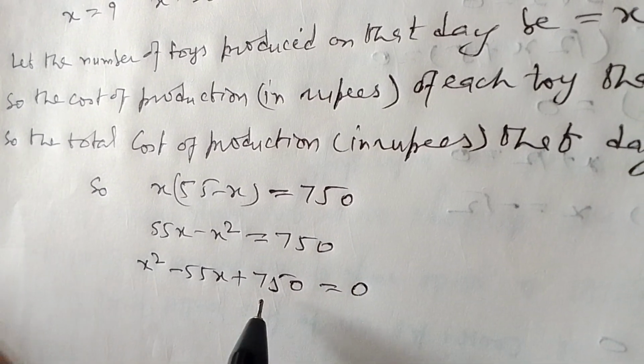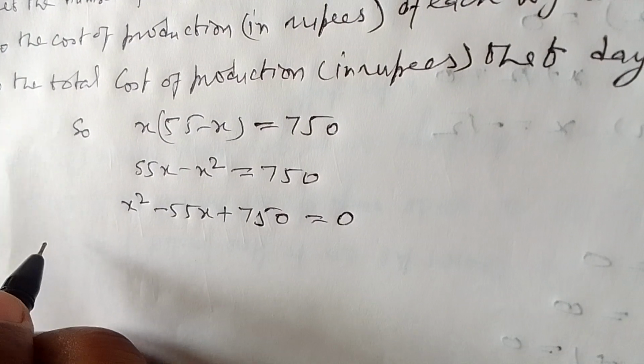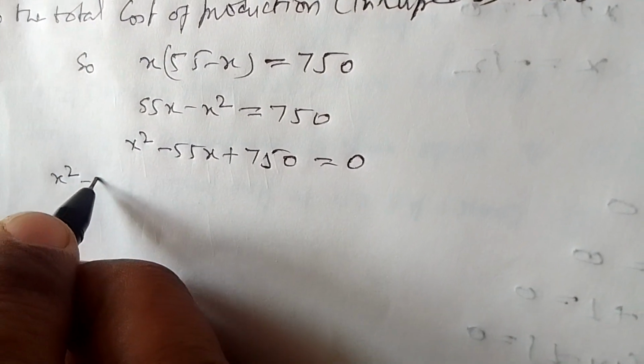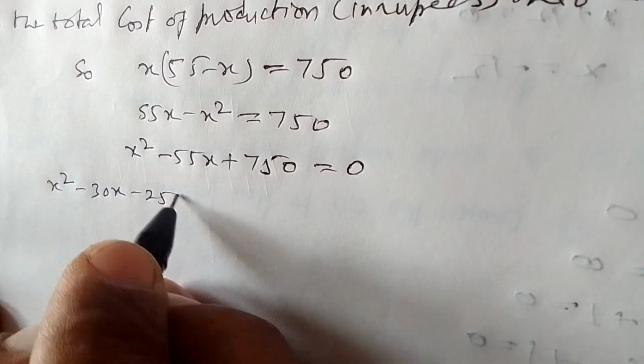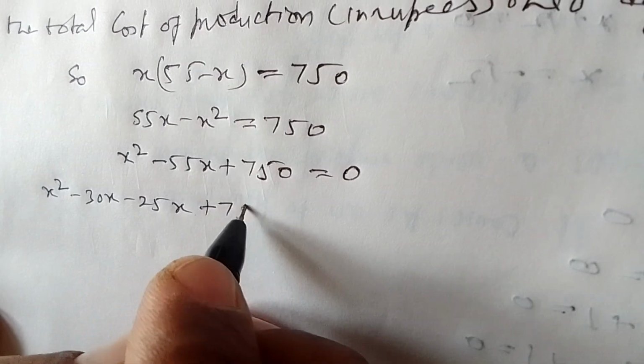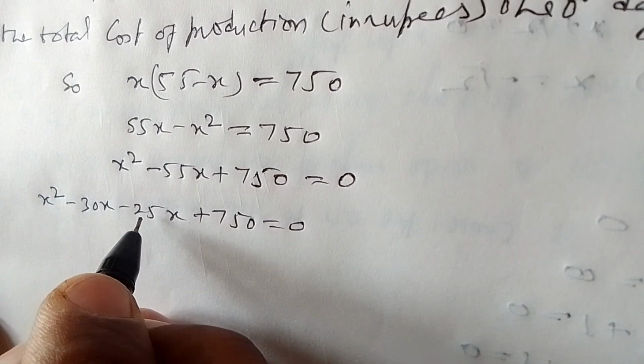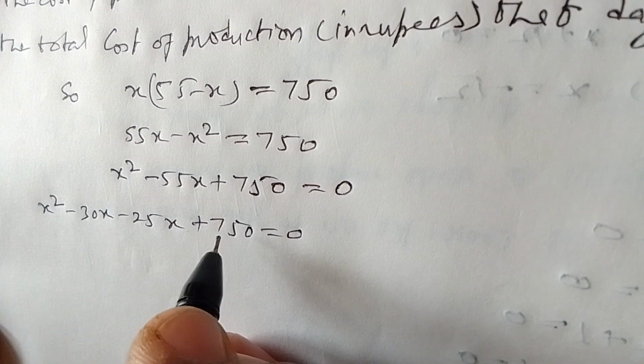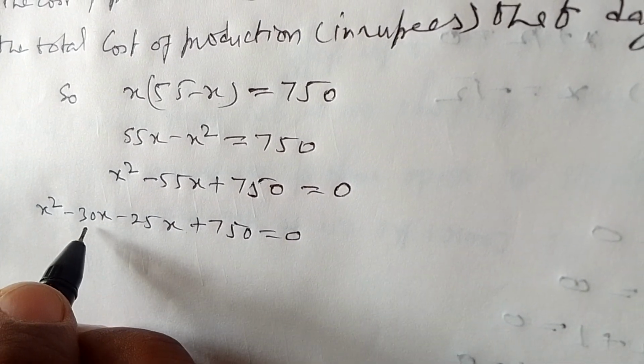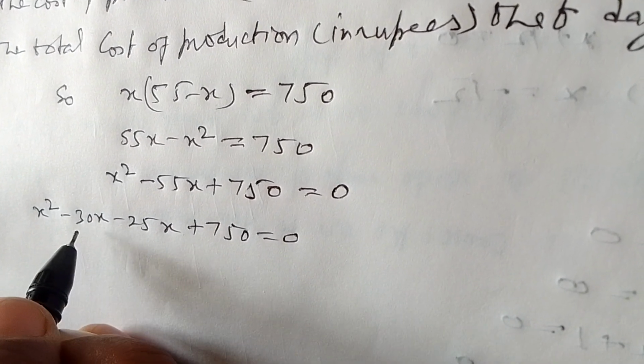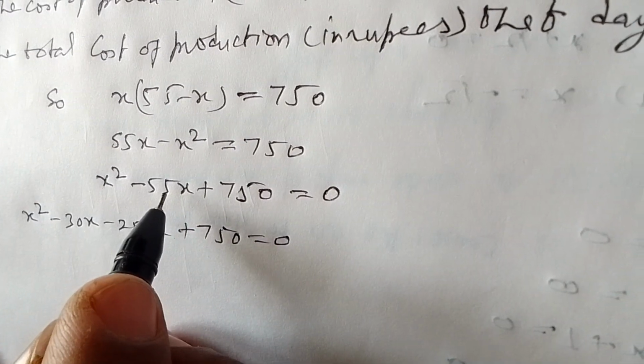Now we will do the factorization of this. It becomes x square minus 30x minus 25x plus 750 is equal to 0, because 30 multiplied by 25 product comes out to 750, and minus 30 and minus 25 the sum comes out to be minus 55.